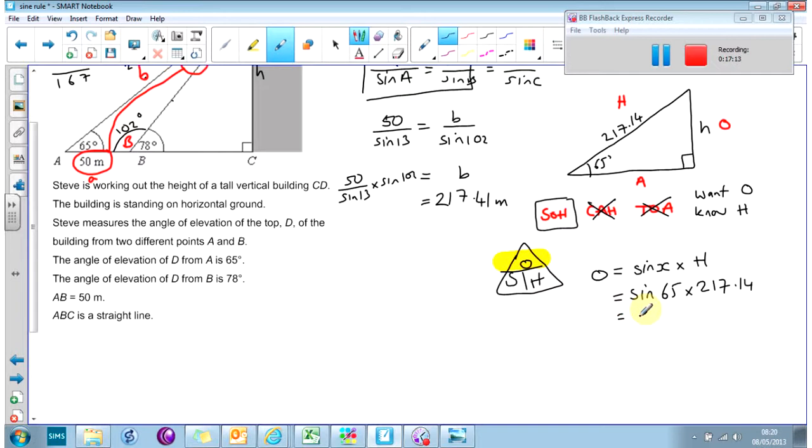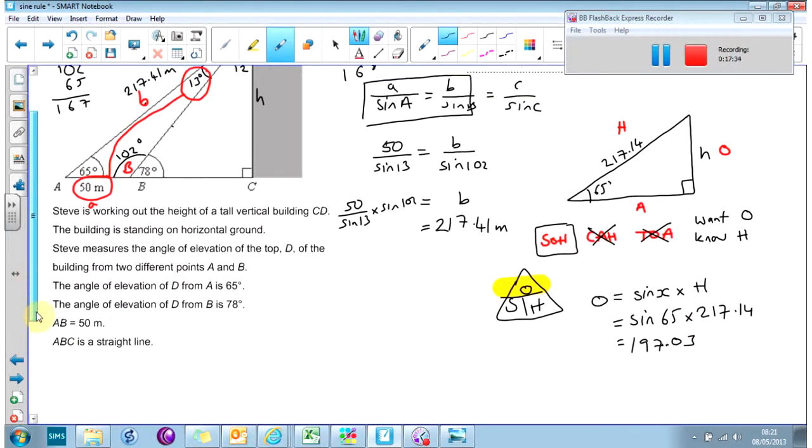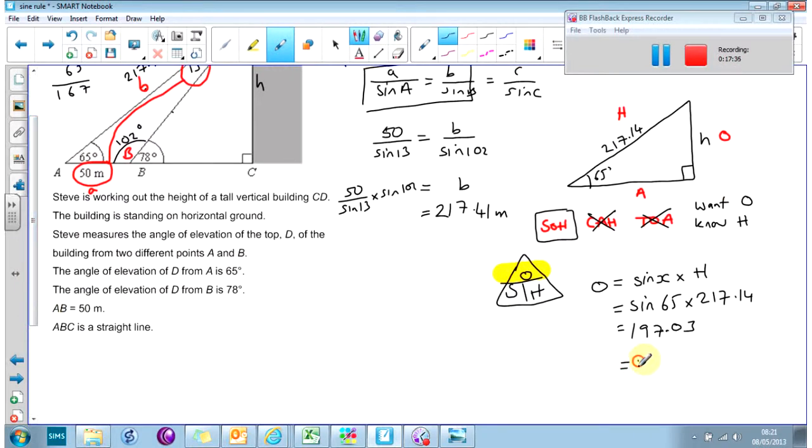Out comes the calculator. Sine of 65 times 217.41, and we've got a number of 197.03, and they want it to 3 significant figures, so that is 197 meters, and that's 3 SF. And there we are.